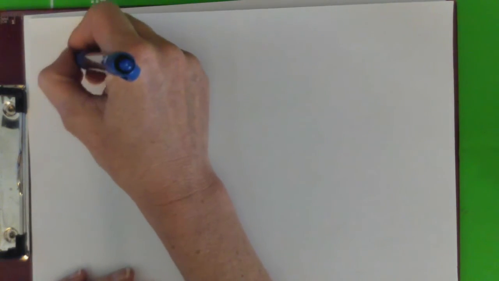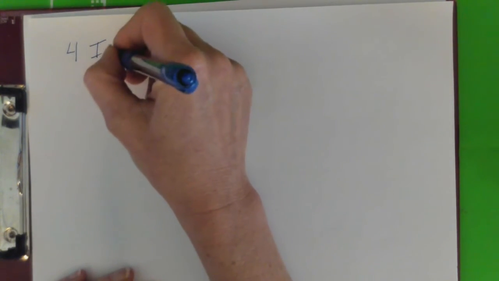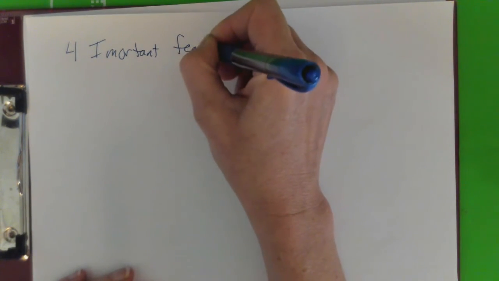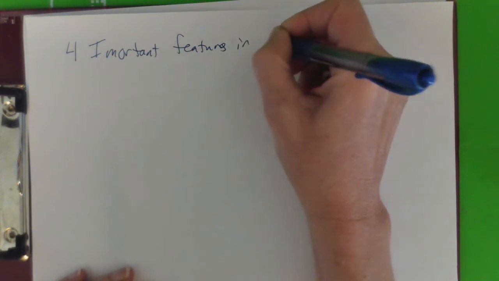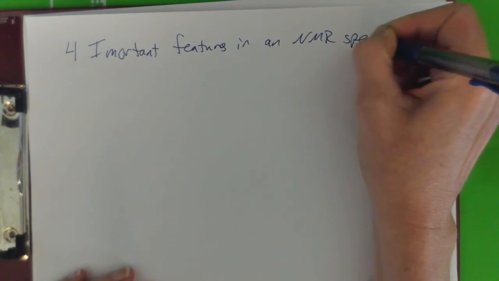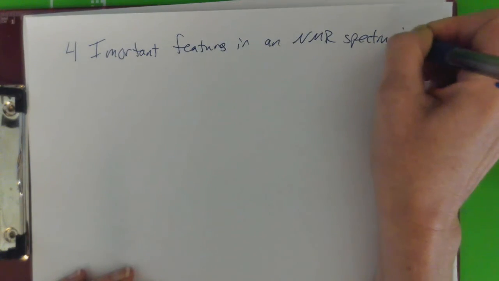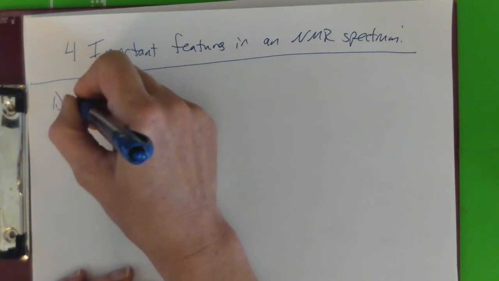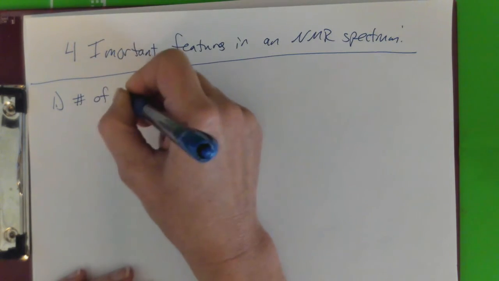Okay, so I think I'm on track now to talk about the last topic, which deals with the 4 important features in an NMR spectrum. And they are, number 1, the number of signals.